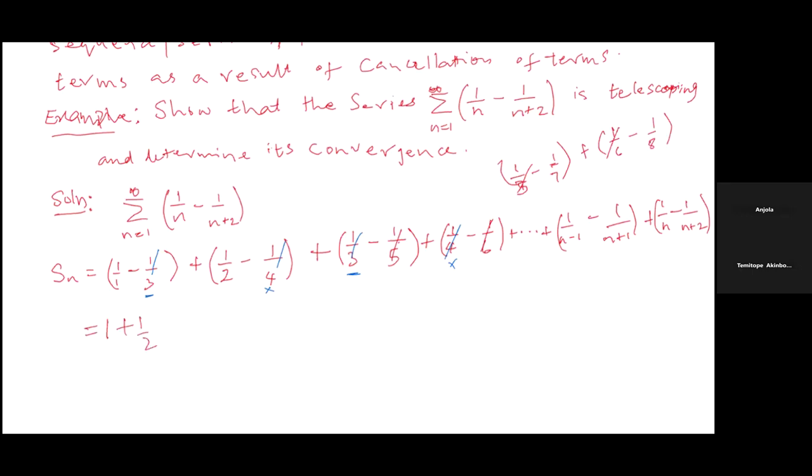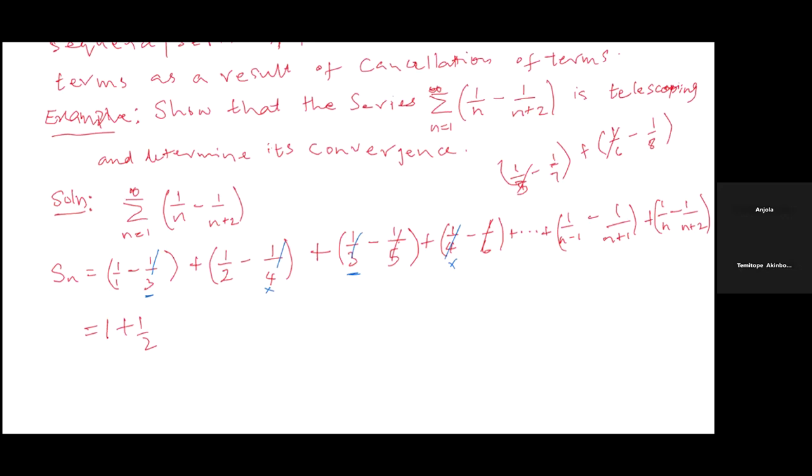Am I communicating? Yes, sir. Then this term, you will see that the term that we cancel out after 1 over 2 has been the first term, that is the 1 over n of the term of the series. So this term will also be cancelled out by another term. This 1 over n will also be cancelled out by another term. So you will now be left with this and this.